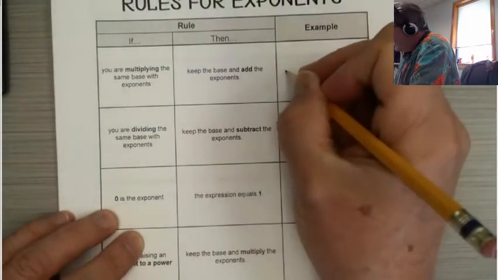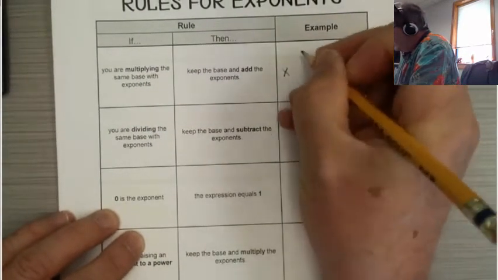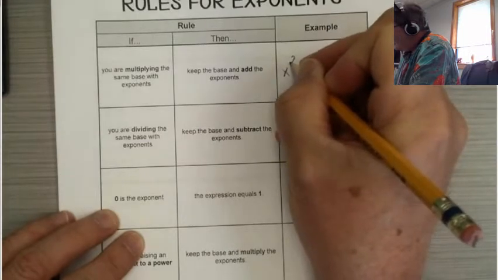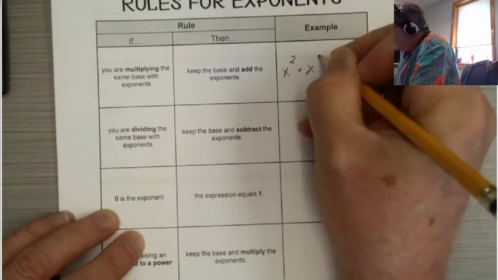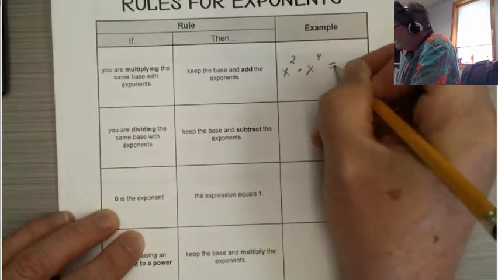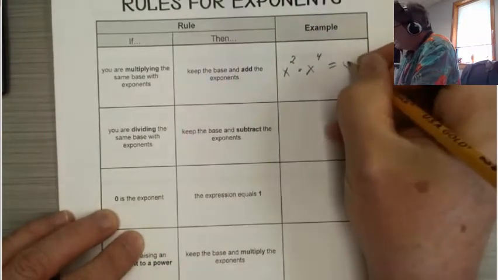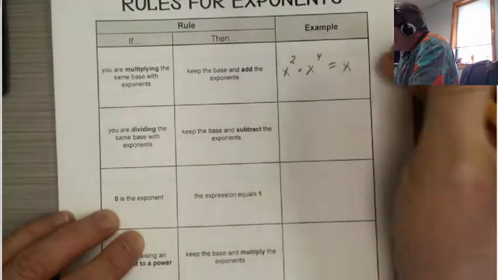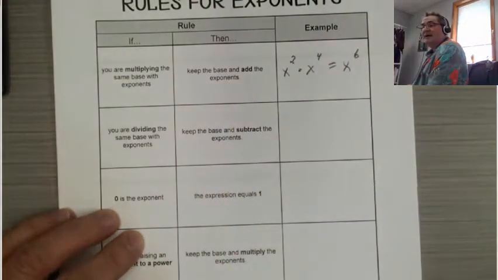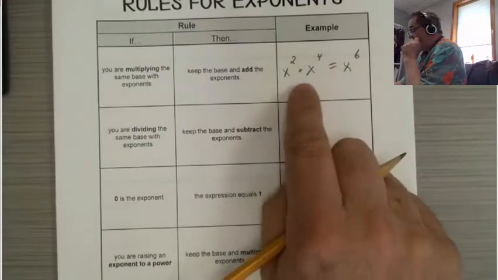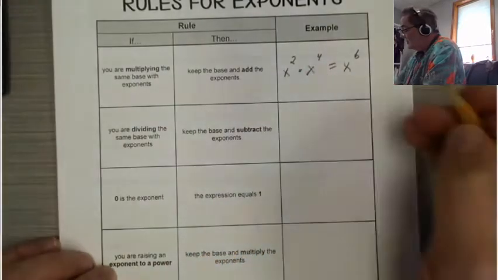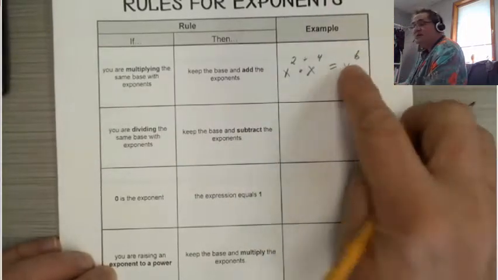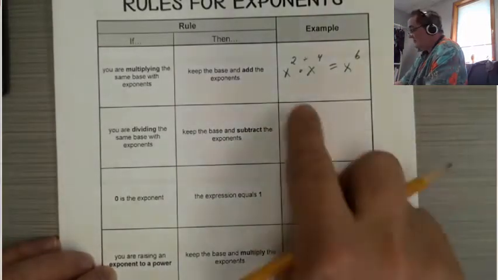Like if we had the base of x to the second power and we're multiplying it times an x to the fourth power, keep the base x, add the exponents, 2 plus 4. That would be the same as x to the sixth. So x squared times x to the fourth, we add them, 2 plus 4, x to the sixth, multiplying.